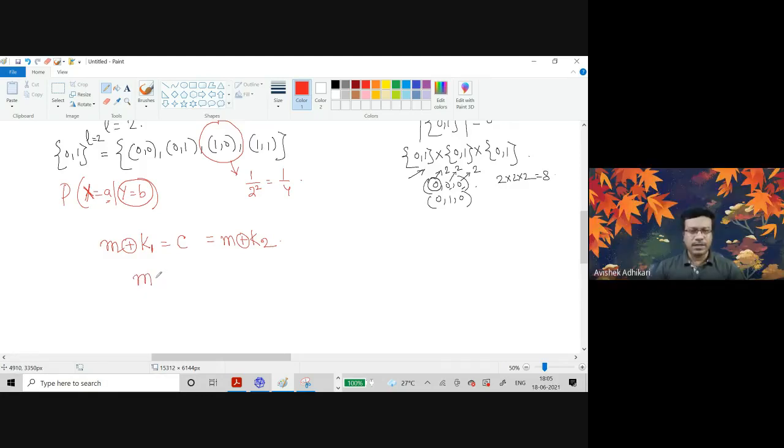That means like this, M1, K1. Yes, that may happen. That will certainly happen. Because all these C1 and C2 values are either 0 or 1, right? Suppose this value is 1. Then sometimes this value also has to be 1. Then in that case, both of them will be the same.